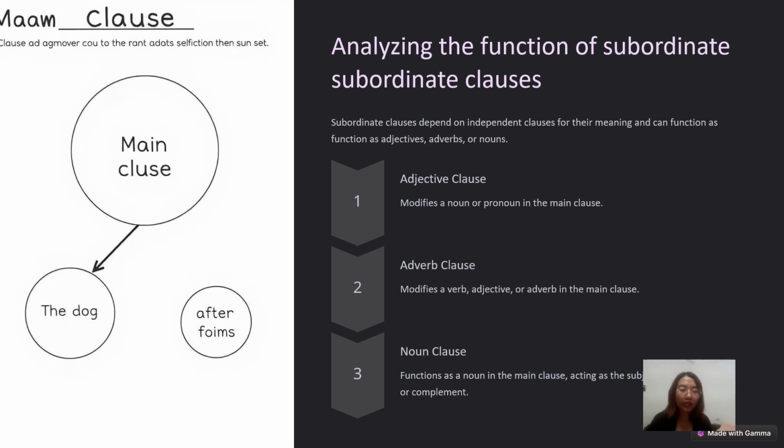It modifies a noun or pronoun in the main clause. In detail, a subordinate clause can act like an adjective, describing or giving more information about a noun in the sentence.